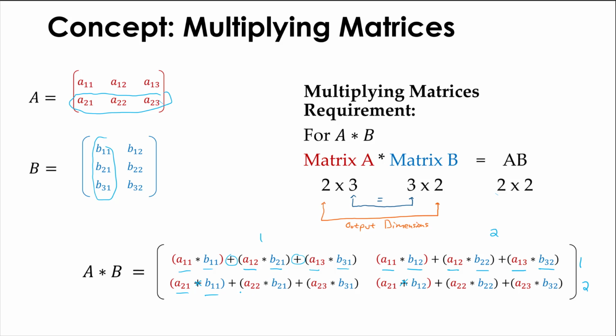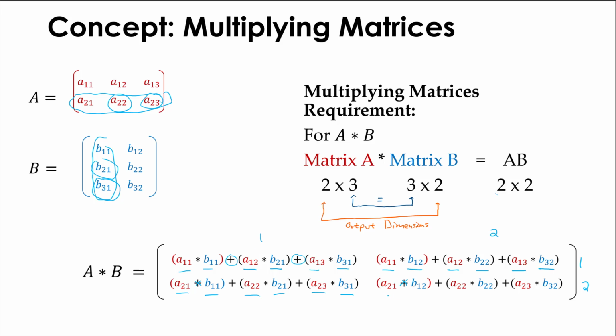So I've got a product here, plus now the second element in row 2, multiplying that by the second element in column 1, right here. And then I'll take a look at the third element in row 2 and multiply that with the third element in column 1. Again, I'm looking at row 2, column 1 for my output matrix.